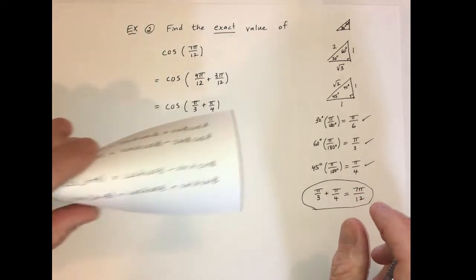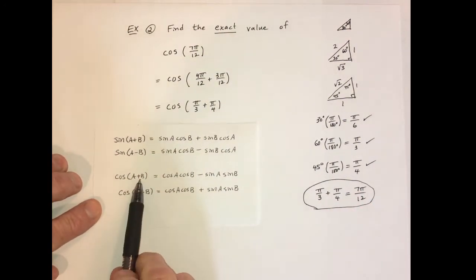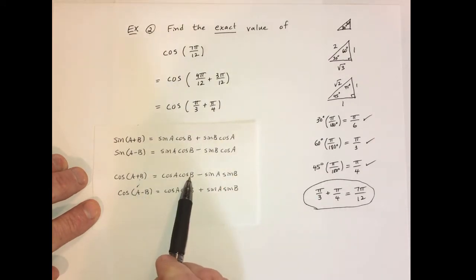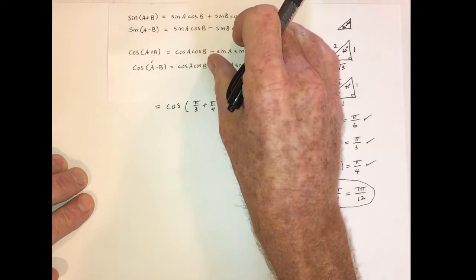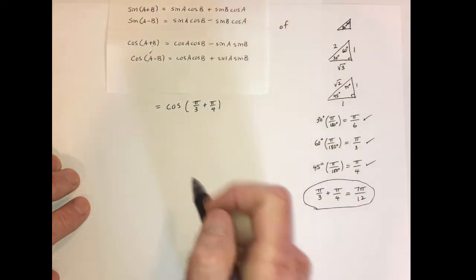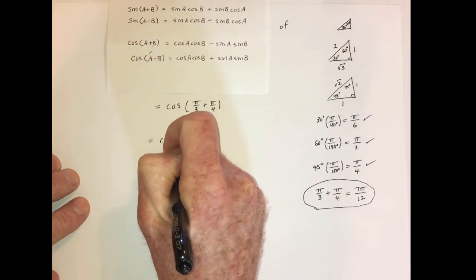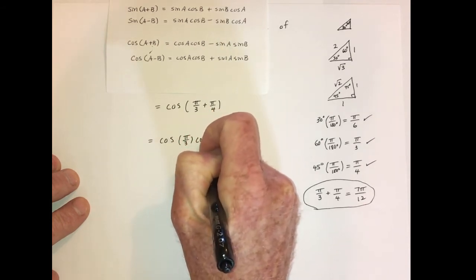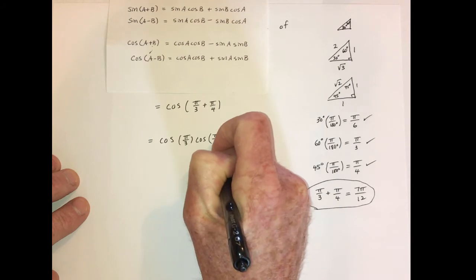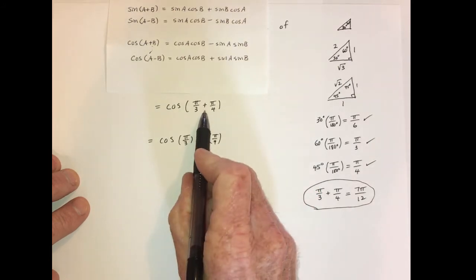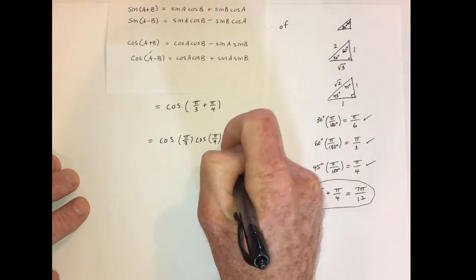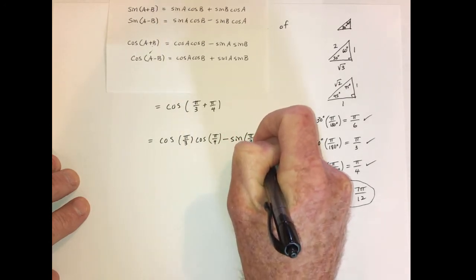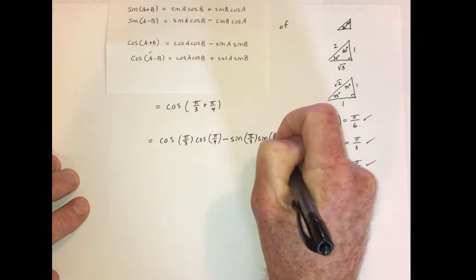Okay, now we use this formula. So that means we need to do cosine of each one and then minus sine of each one. So this is equal to cosine of pi over 3, cosine of pi over 4. And because this has plus, next I use minus. And then do sine of pi over 3 and sine of pi over 4.